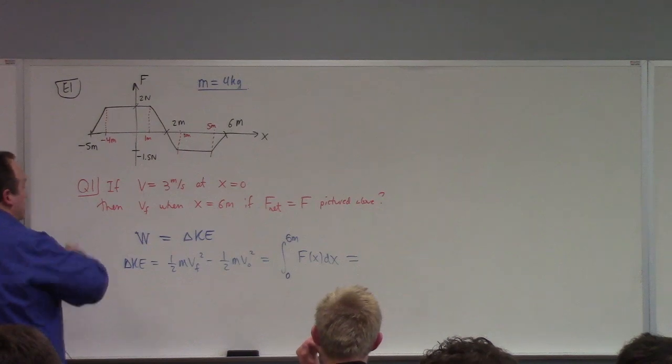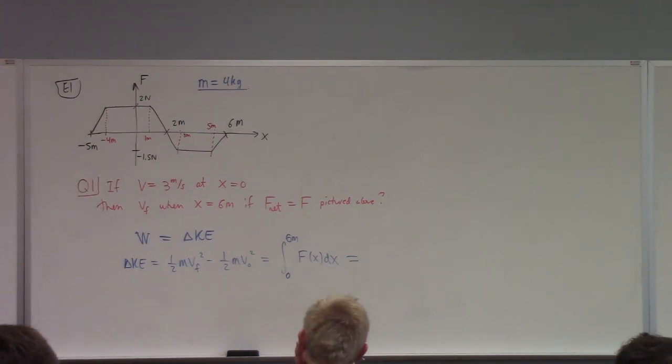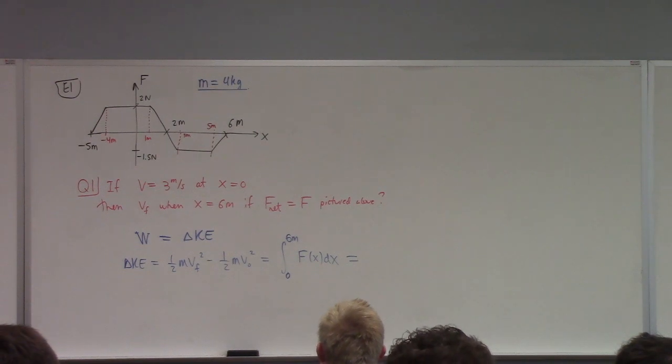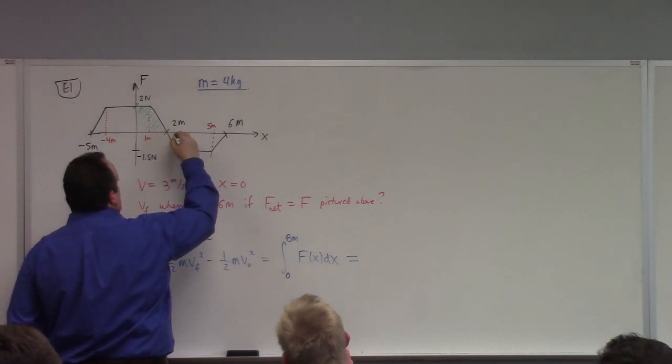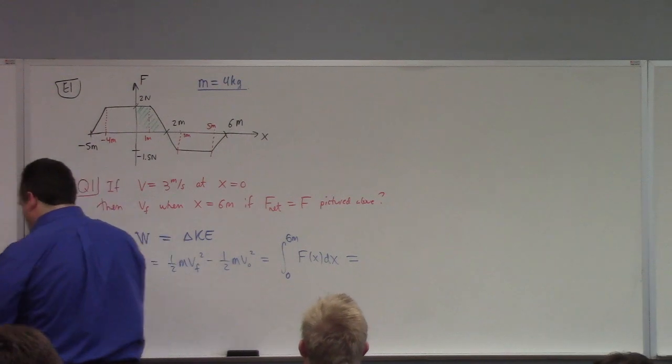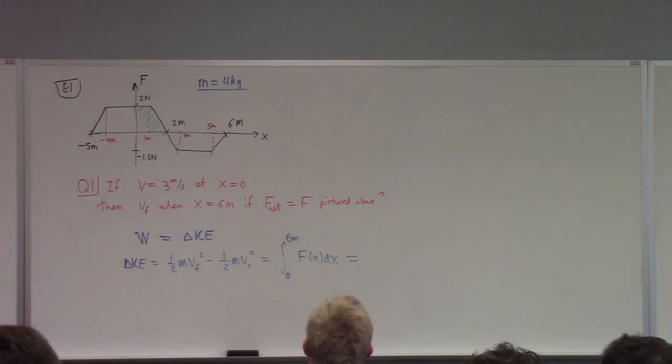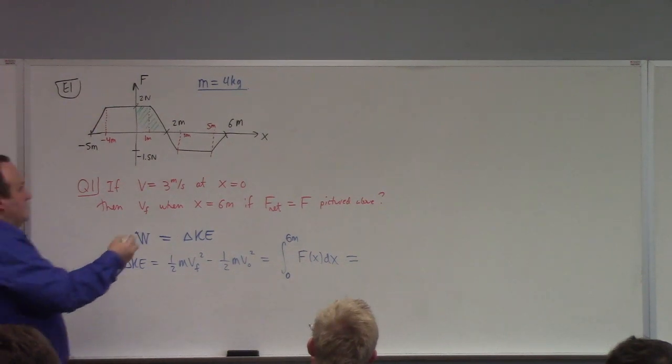What is the signed area? So we need to figure out what's the signed area under the position graph here. You guys tell me, what's the area here? And we'll need to take that area, and subtract the area below the axis, right?